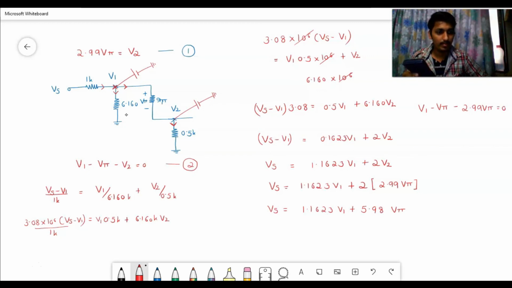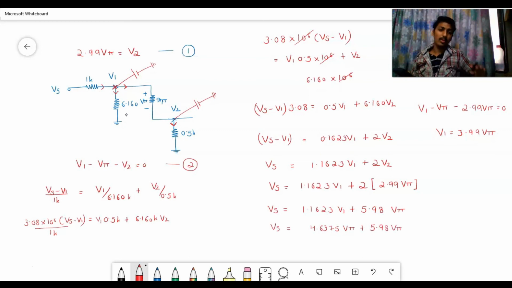If we shift that equals 0, so 3.99 V pi. If we multiply by 1.1623, it comes out to be 4.6375 V pi plus 5.98 V pi equals Vs.